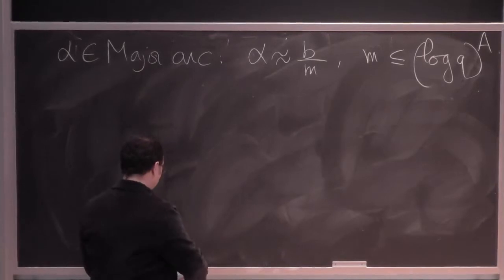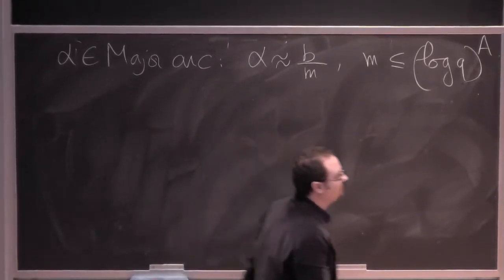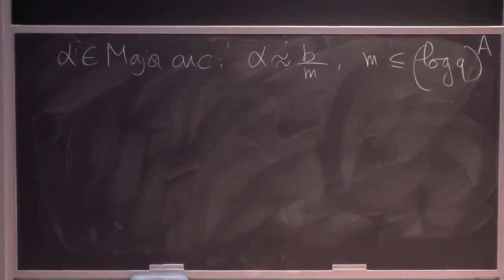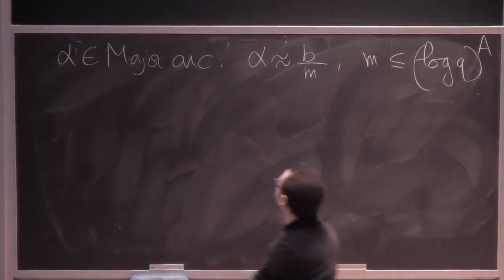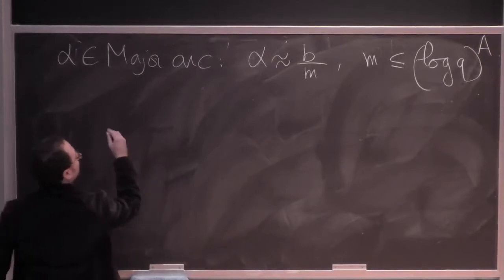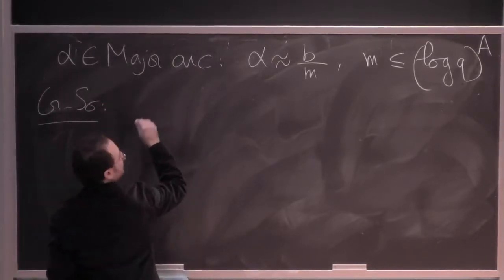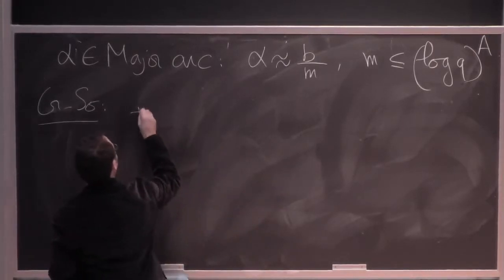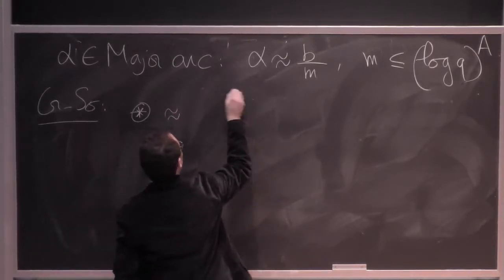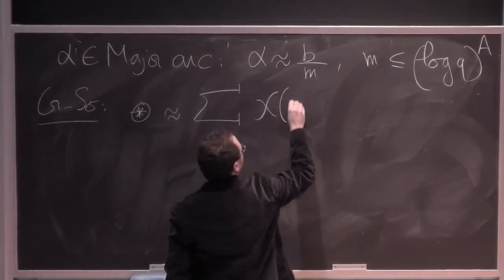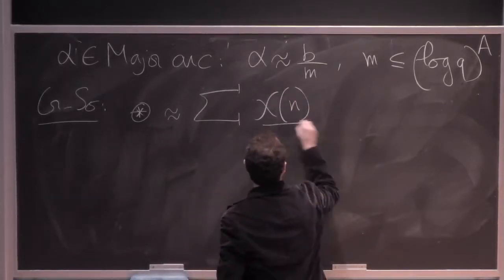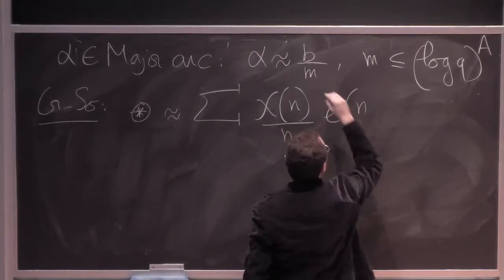So this is a major arc case, and in this case we saw that if we can approximate the character sum, or the exponential sum, in terms of b over m, then we have this nice identity here that brings everything to completely multiplicative functions. So in this case, Granville and Soundararajan proved that star is in fact very close to a sum where you replace alpha by this b over m.